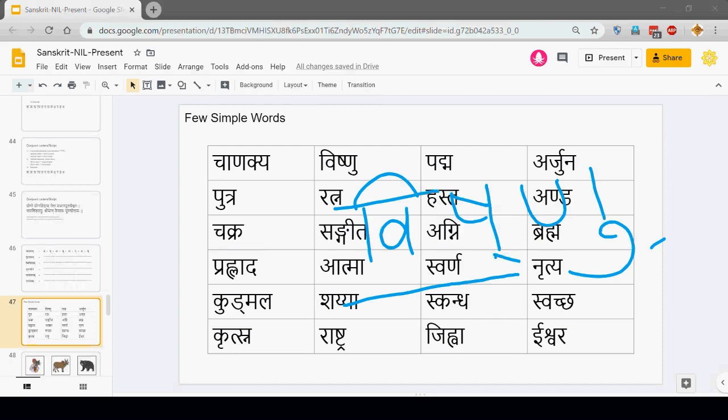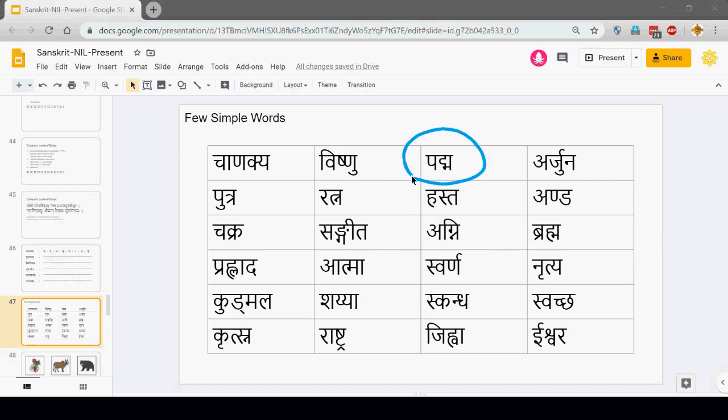We don't add any vowel to it. Even the sound should not be completely added there. So it's not wisha or visha. It's just a stop: wish, and then there is no. Wish, no.